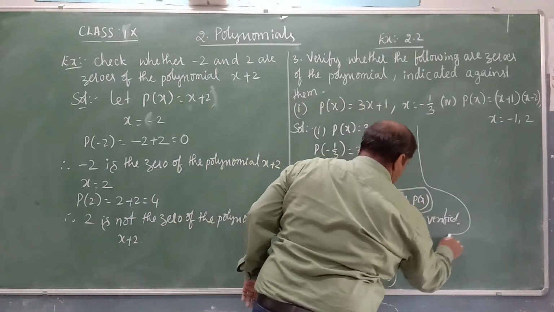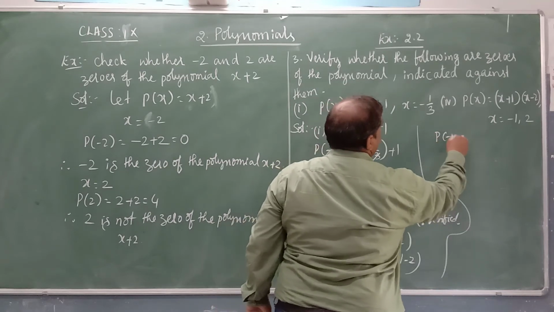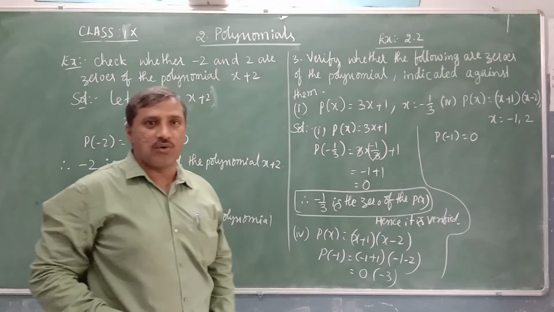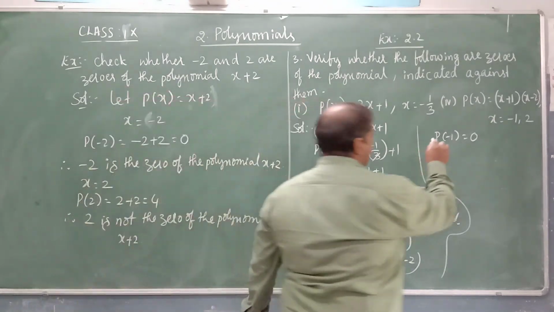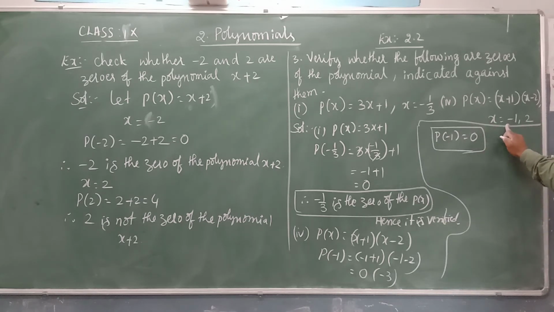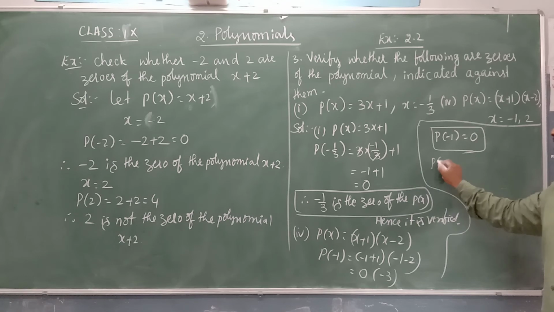So P of minus 1 is equals to 0. So when we substituted x is equals to minus 1, we got its value is 0. Therefore, can we say minus 1 is 0 of the given polynomial? Yes, because its value is 0. Now substitute x is equals to 2, that is P of 2.